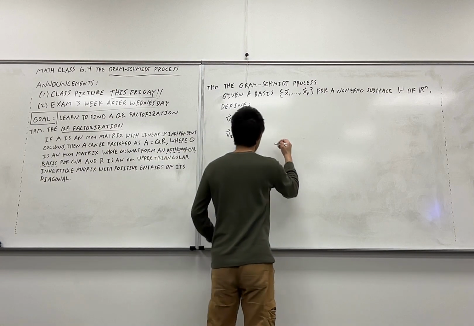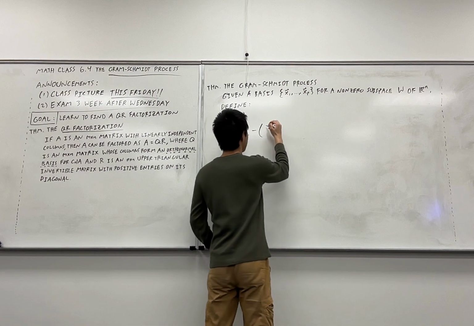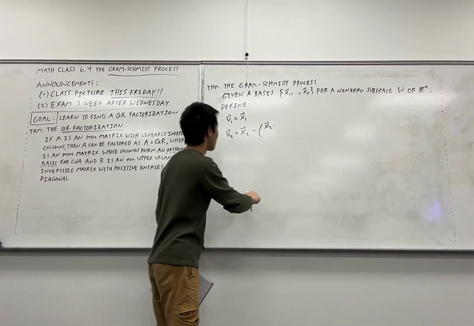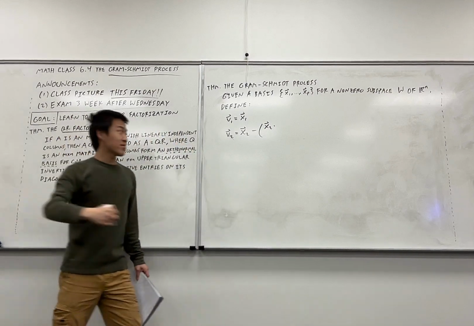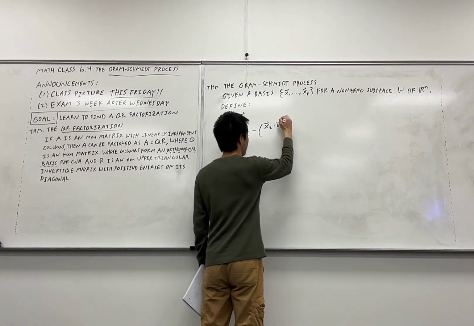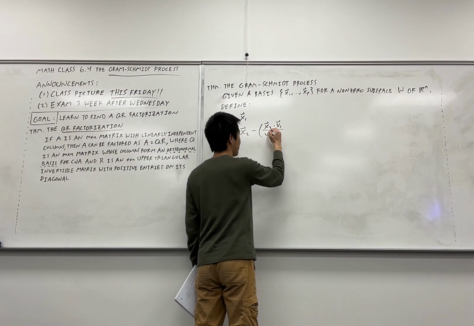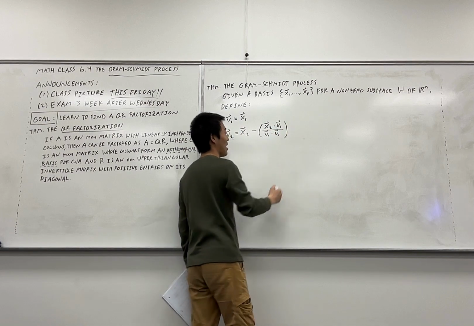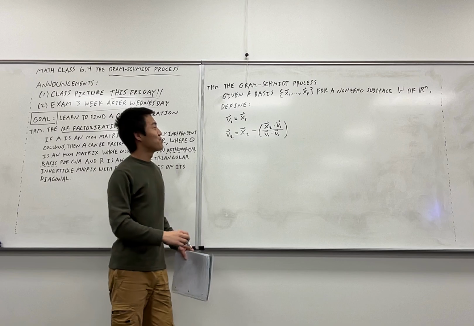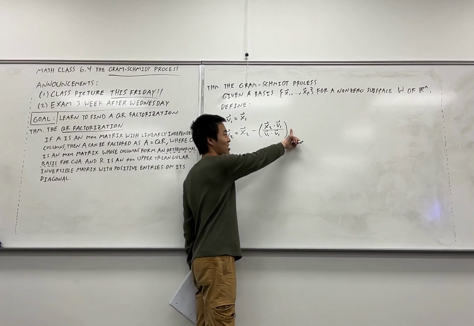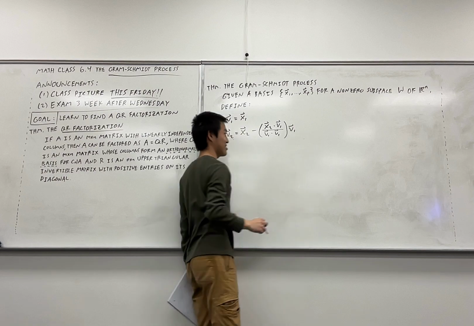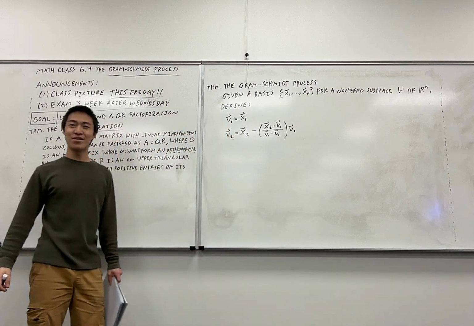Minus, well, I take that x2, and I take the dot product with the previous v vector, so v1, over v1 dot v1. And by parallel construction, what do you think is the vector I multiply right here? V1.